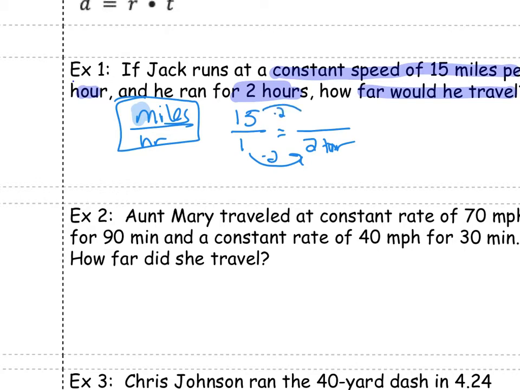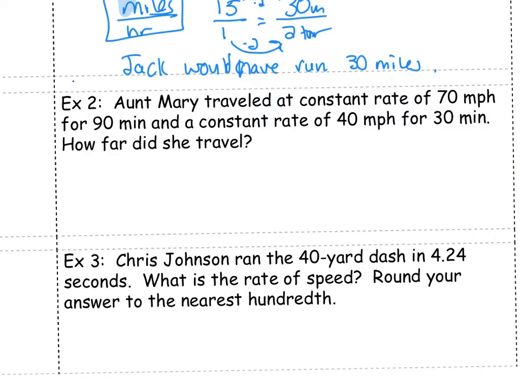So if he traveled 15 miles in 1 hour, he would have run 30 miles in 2 hours. So Jack would have run 30 miles. Don't forget that good answer.